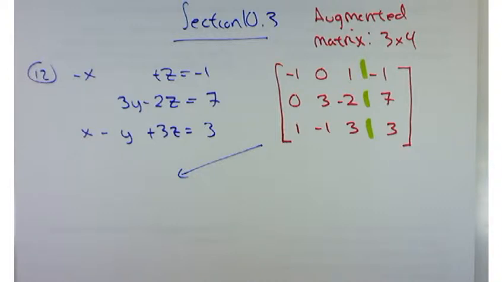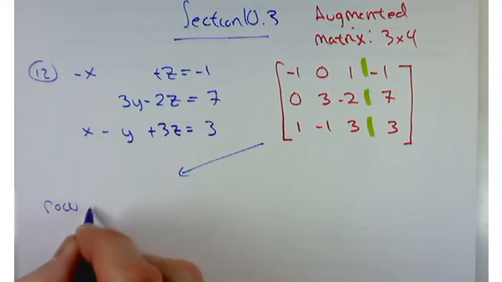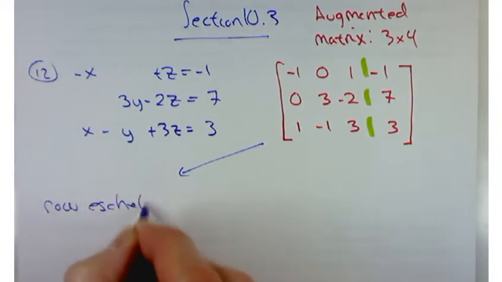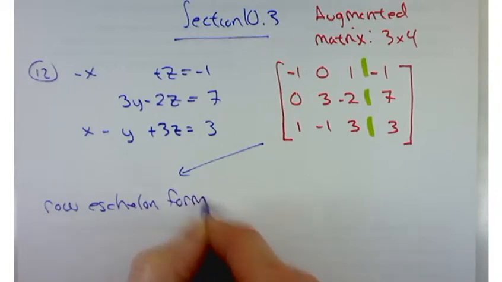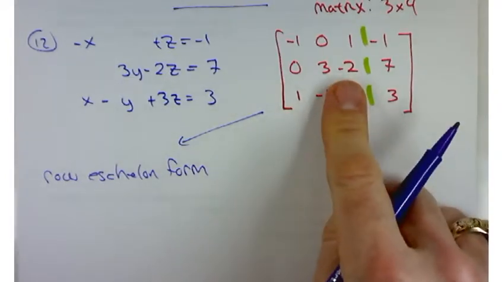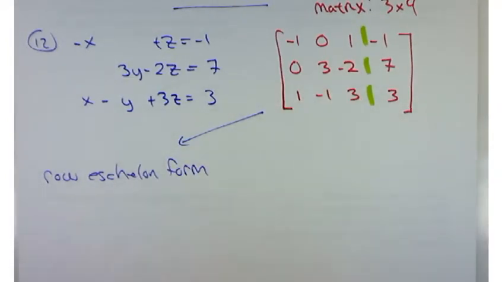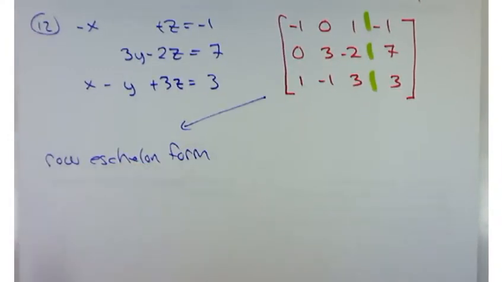So let's talk about that for a second. Like I said, the manipulation of that into Row-Echelon Form takes a lot of work. But let me write down what that system of equations would look like.